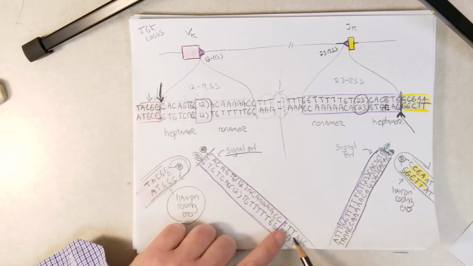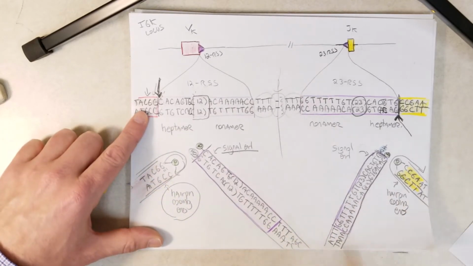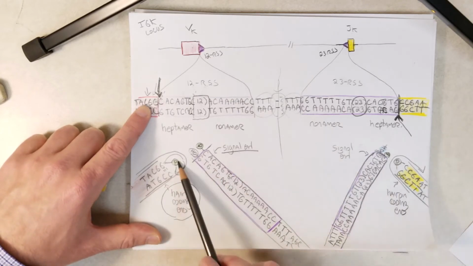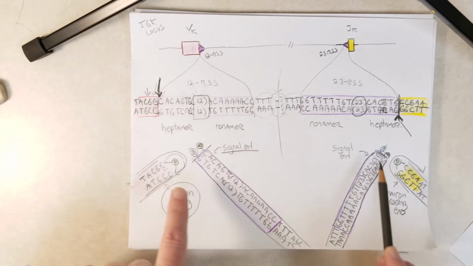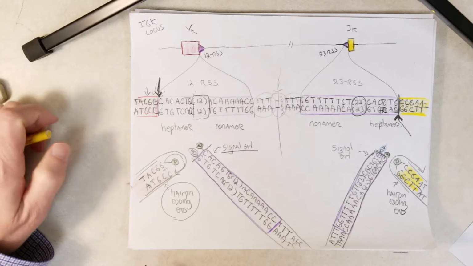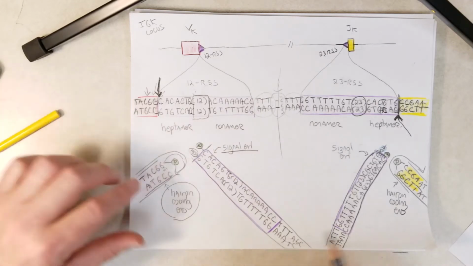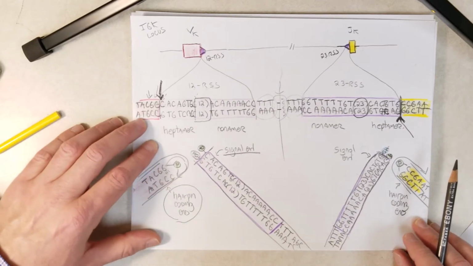So all that sequence is down here, and these are connected, but they're going off of the page here. So after this has been processed to give us 2 hairpin coding ends and 2 signal ends, well, then non-homologous end joining takes over. So RAG1 and RAG2, for our purposes, we consider those guys, they've done their job.